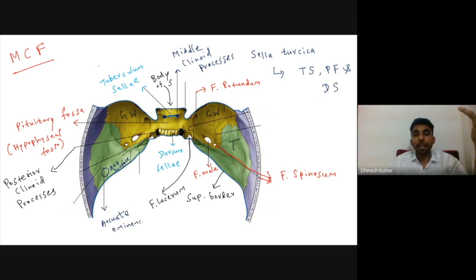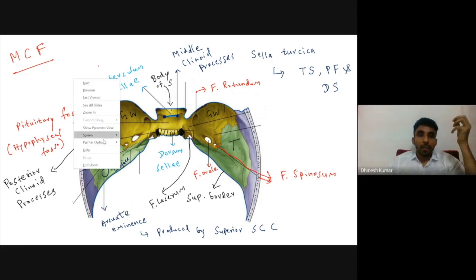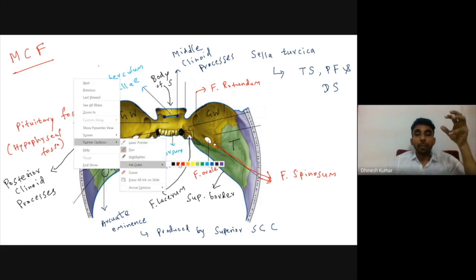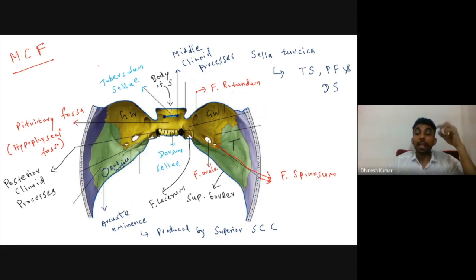Eminence means bulge, otherwise elevation. Important question: the arcuate eminence is produced by the superior semicircular canal, which is present in the inner ear.